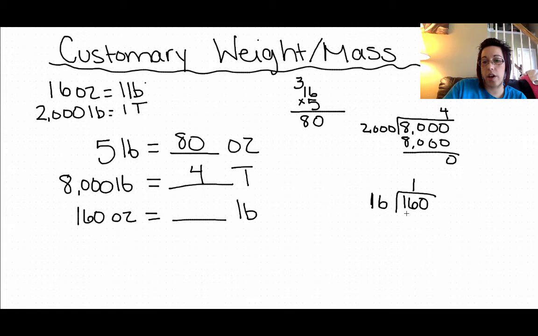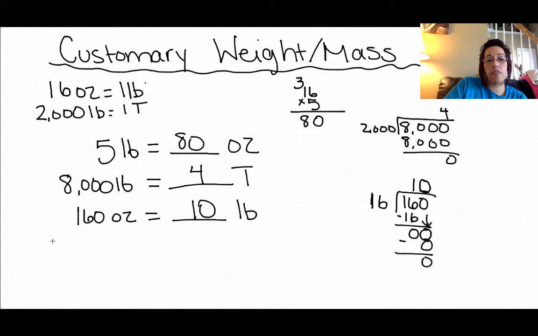So that's 1. Don't forget to bring down this 0 and finish the math with this place right here. 16 will go into that 0 times. That would be 10 pounds.